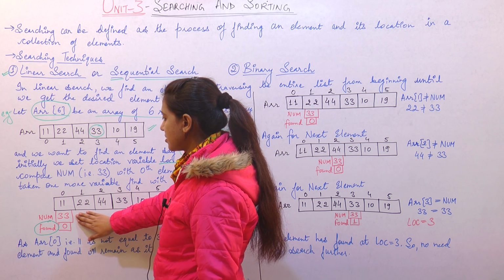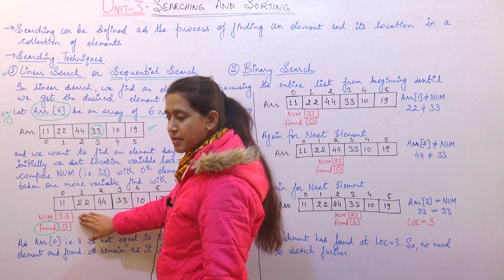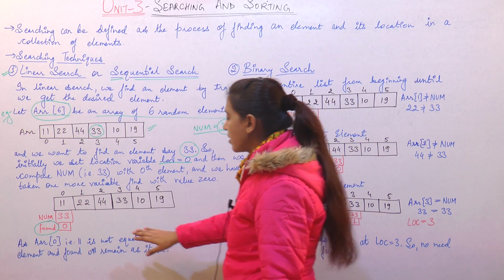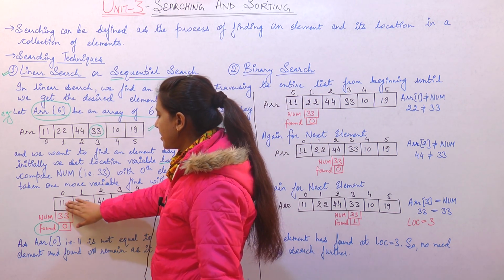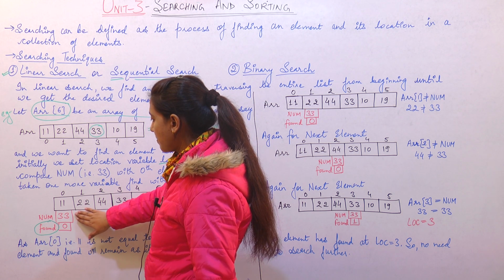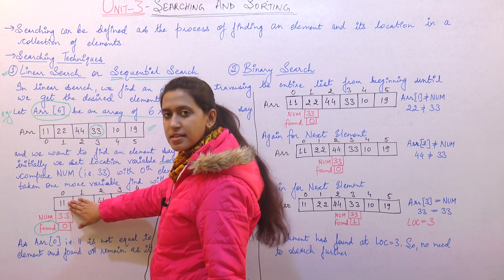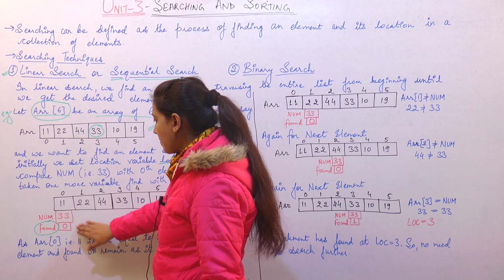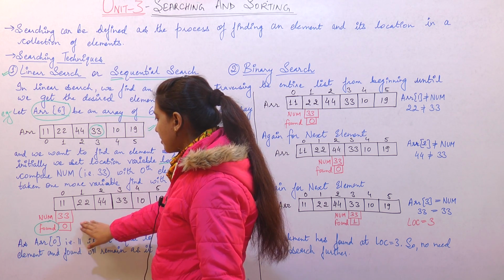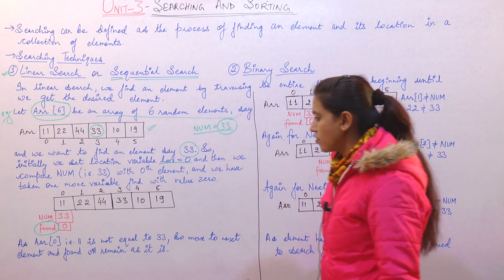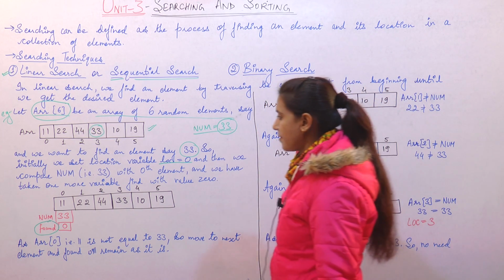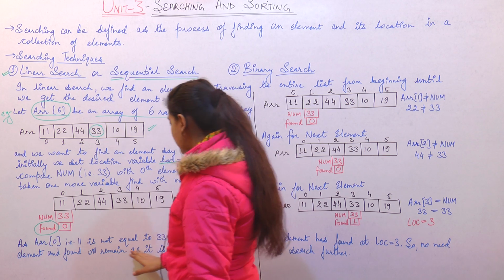Now we will compare the number which we want to search with the number stored at the 0th location. So number 33 is compared with 11. ARR[0], that means the element stored at location 0, is 11, and 33 is not equal to 11.